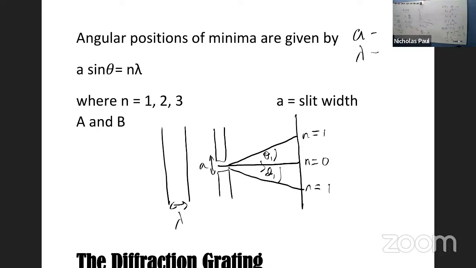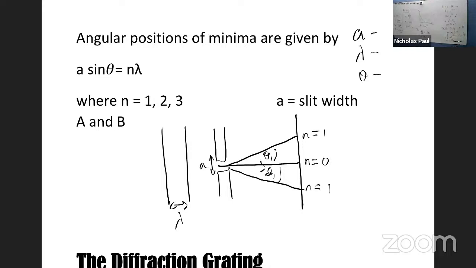Right? Theta is the angle between the central bright, or the order 0, and the order you're trying to find.